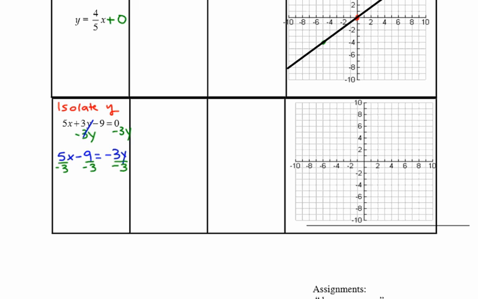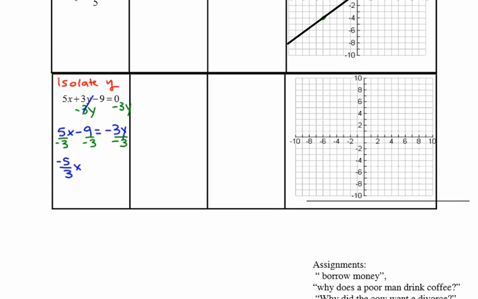So 5 divided by negative 3. Let's move the negative to the top. So negative 5/3 x, because we have to divide everybody by negative 3. Instead of leaving the negative on the bottom, I move it to the top. 2 negatives is going to give us a positive. 9 divided by 3 is 3 equals y.